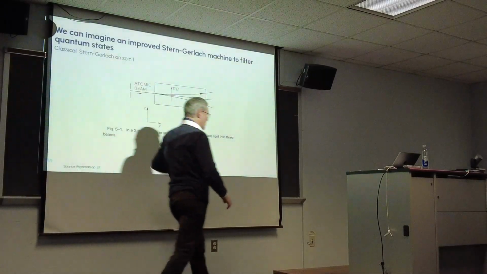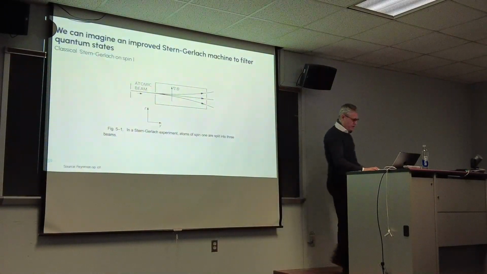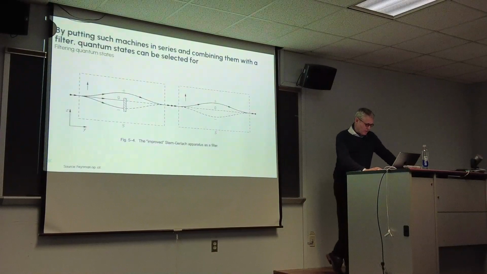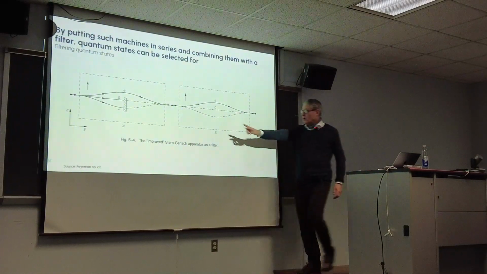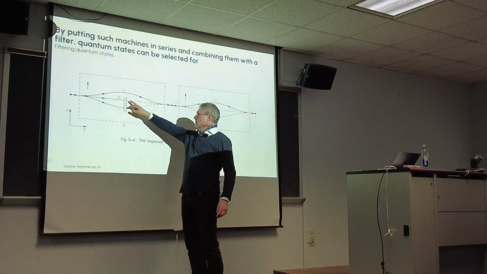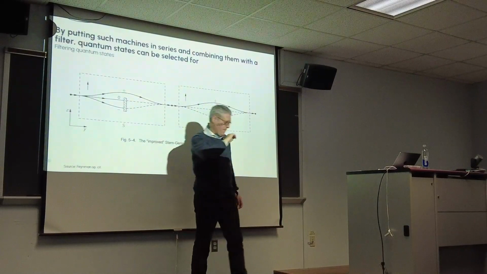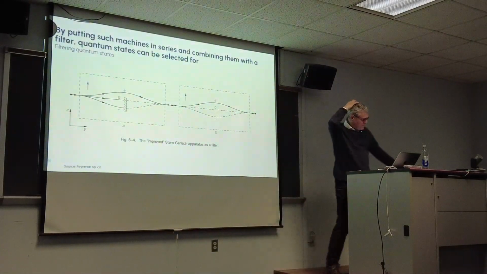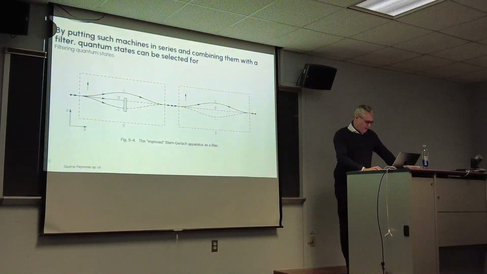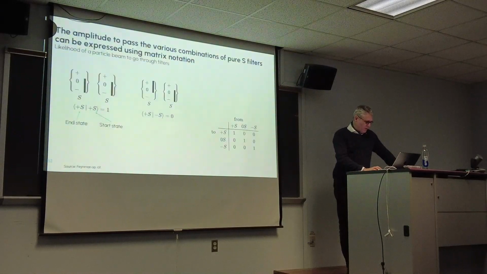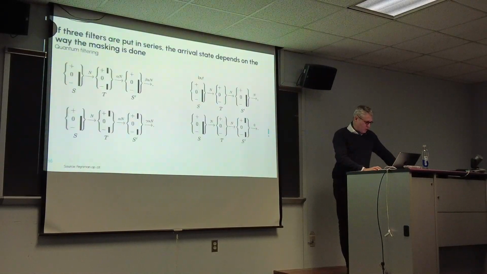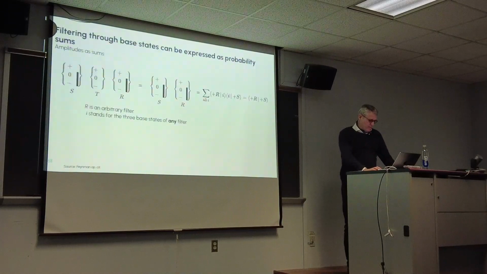So these are the three quantum states, and the filter that we've described later, which is this one, basically blocks out two of the beams of atoms. This helps us obtain pure quantum states. The whole purpose of this chapter is to show how these filters relate to mathematical operations.